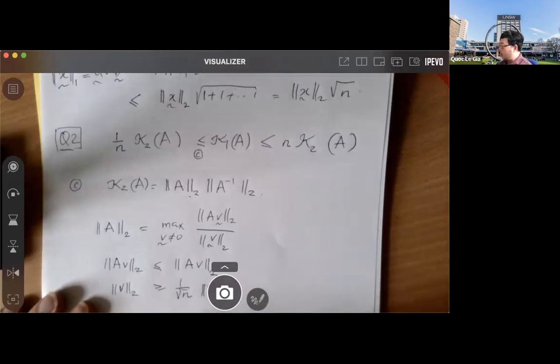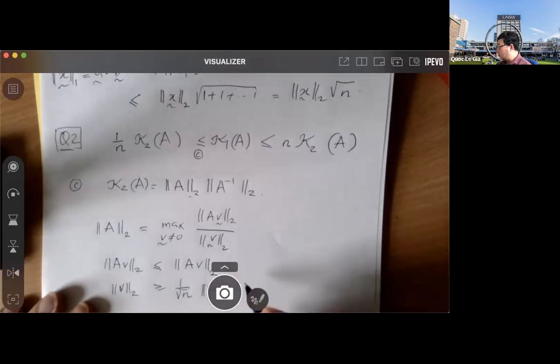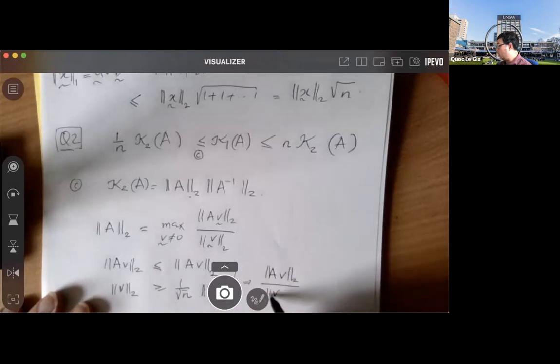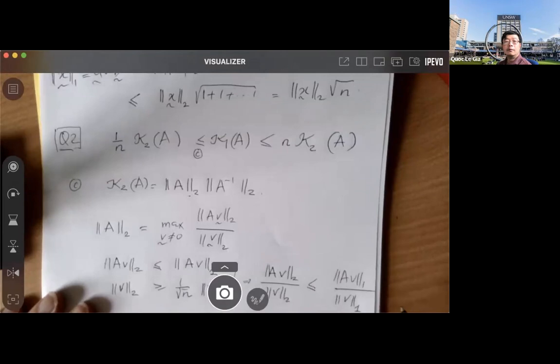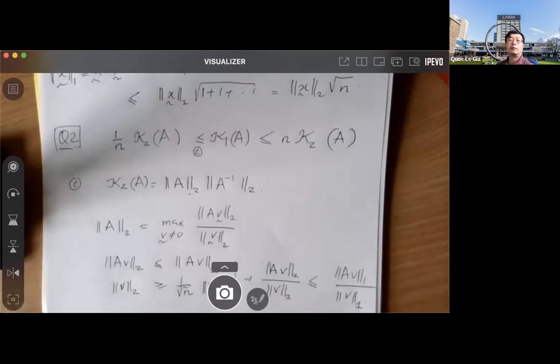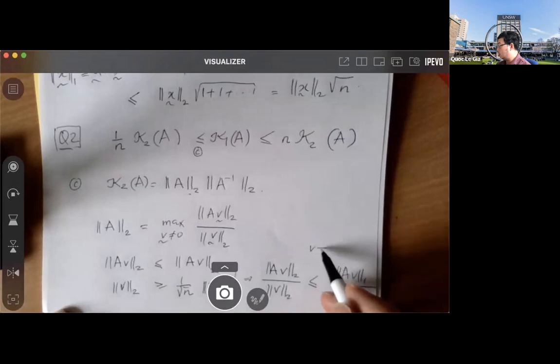Why is that? Because I want to take the ratio. If I take the ratio, assuming that the vector is non-zero, then I get this ratio: the two norm of AV over the two norm of V will be less than or equal to the one norm of AV over the one norm of V. So assume that V is non-zero, so V is not a zero vector.